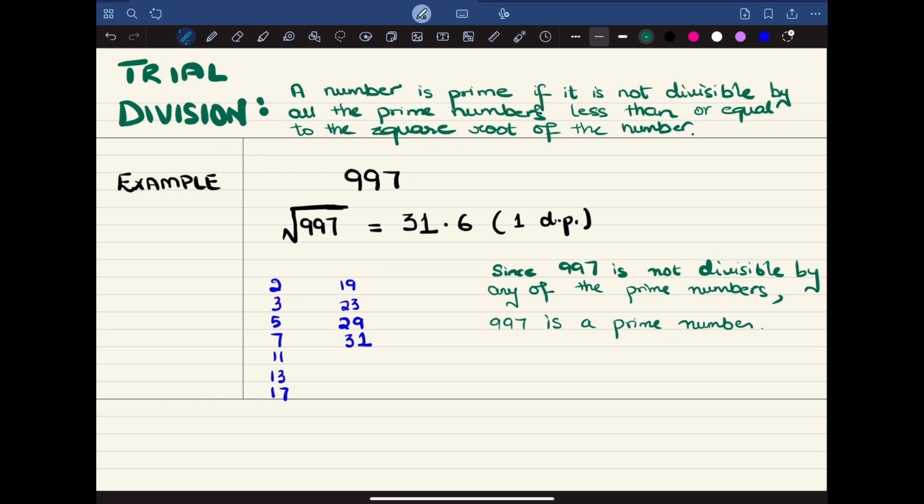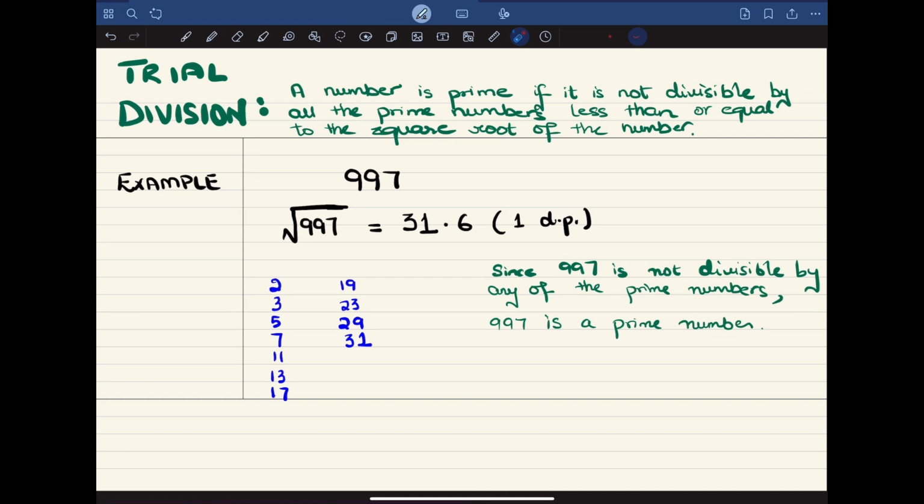Okay, so rather than checking larger numbers to see if 997 is divisible by them, the trick is to find the square root of the number and then list all the prime numbers less than or equal to that. If any of the prime numbers divide that number evenly, then it is not a prime number.